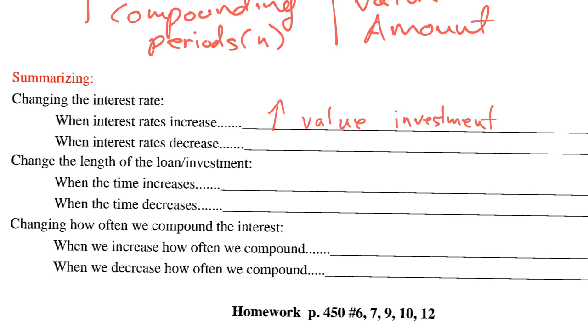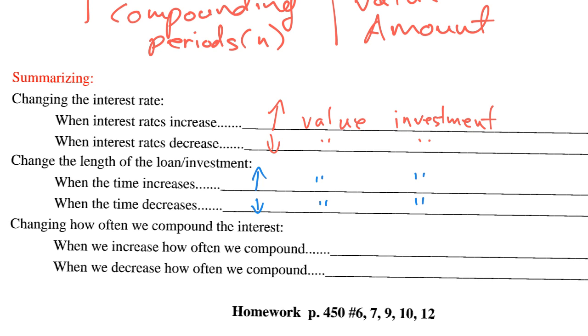When the interest rate decreases, that also decreases the value of the investment. Now, let's do this again. When we change the length of the investment, when the time increases, the value of the investment will increase. When we decrease the amount of time, the value of the investment decreases.